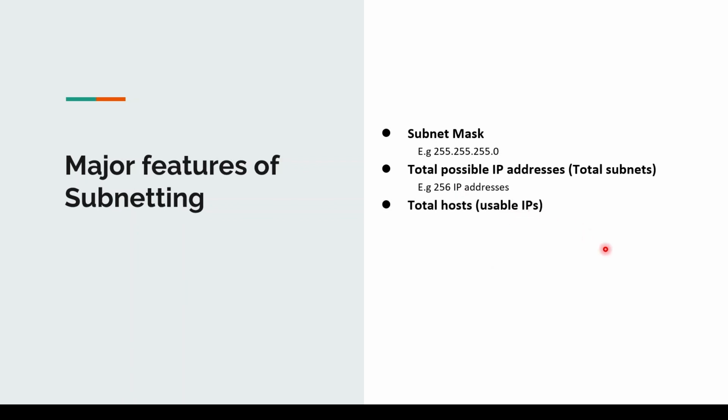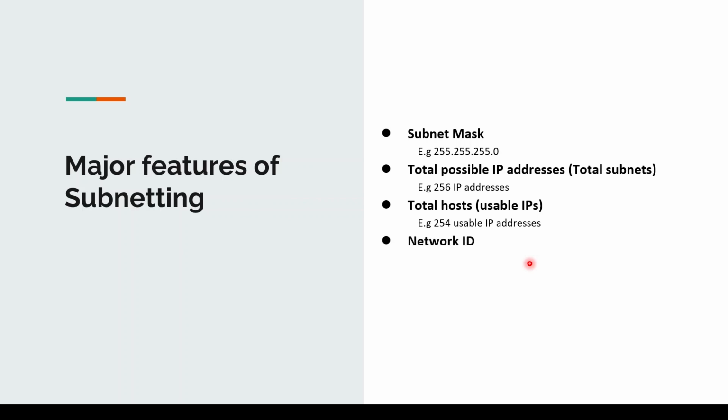Then we have the usable IP addresses. So out of these 256 IP addresses that are possible on this network, only some are usable. That is, only some can be assigned to actual devices that communicate on that network. And in this case, we have 254 usable IP addresses.